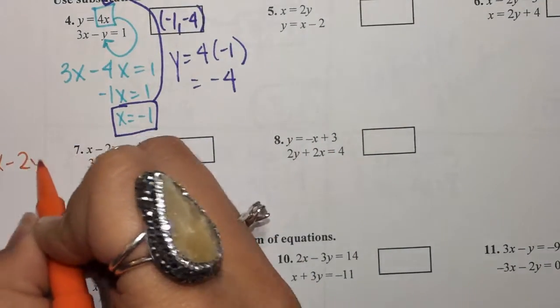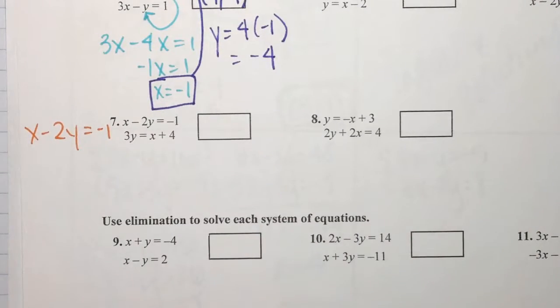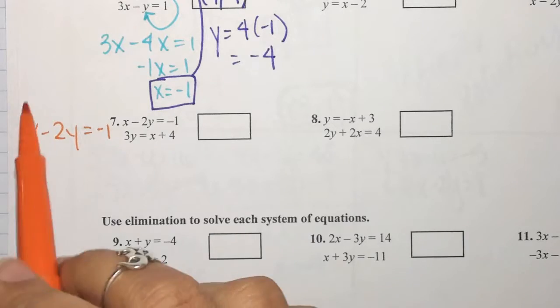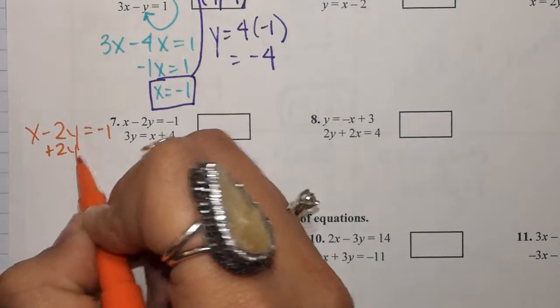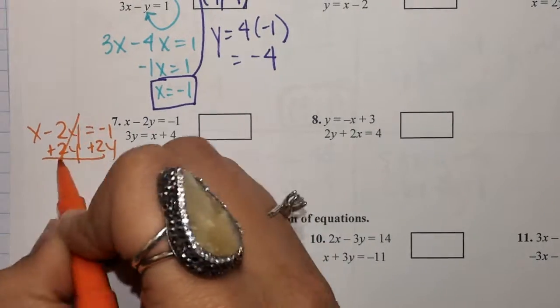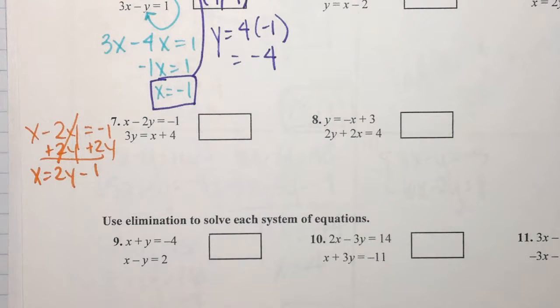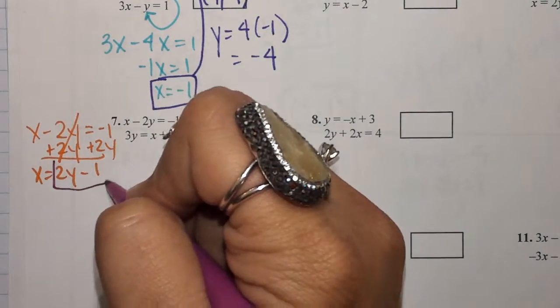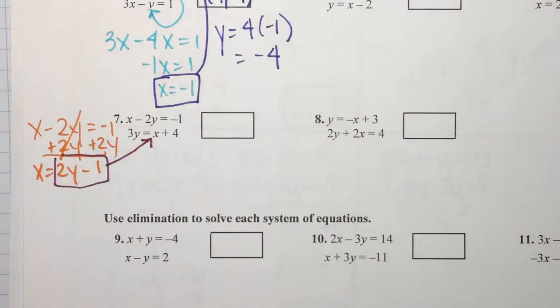So we have x minus 2y equals -1, correct? And I want to get x by itself. How would I move that -2y? You have to add 2y to both sides. Now do I know what x is? x equals -1 plus 2y. So I can take that and plug it in right here, correct, Natalie?